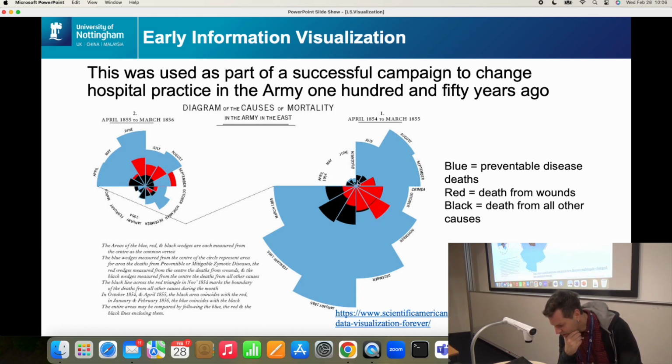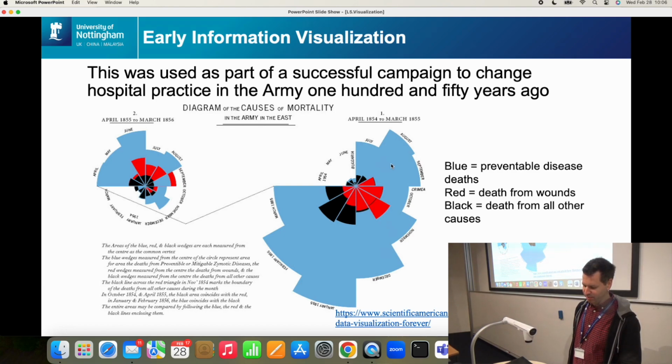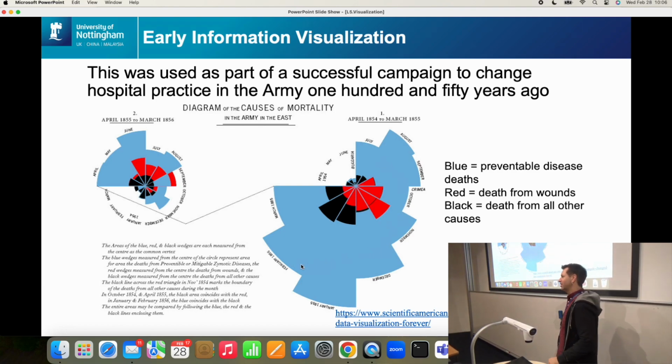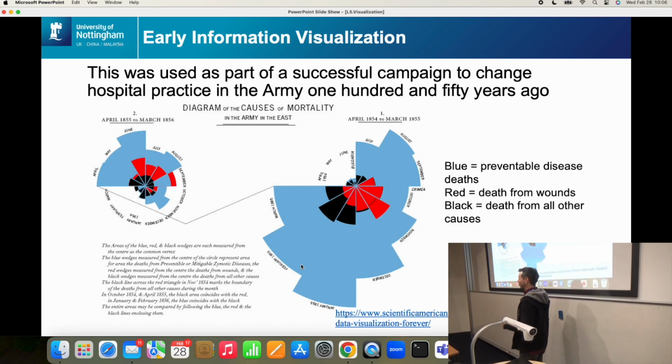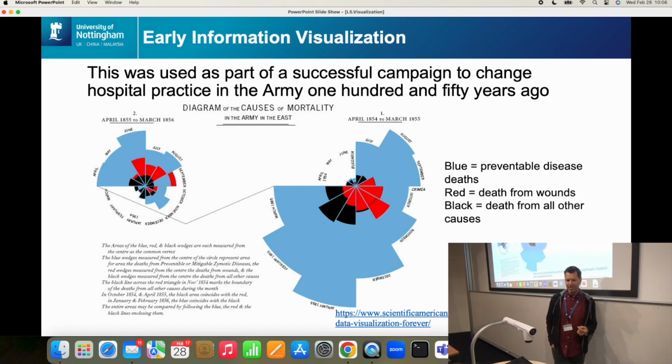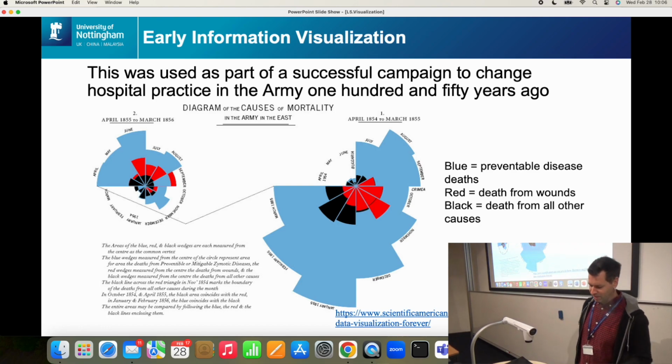The black is non-preventable deaths, but the majority of deaths are in blue, so they're preventable, even though these are deaths occurring in the Army. It also shows that the disease deaths are happening mostly in the winter.